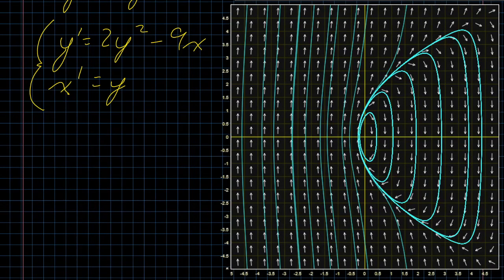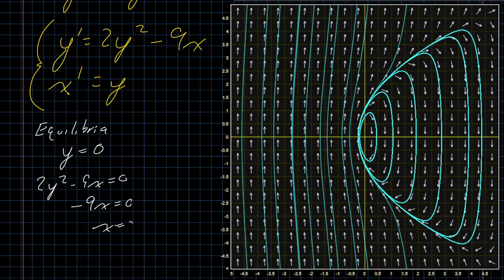Finding the equilibrium points on this particular system is incredibly easy because x prime equals y. So that means that y has to be equal to 0. And then that gives us that 2y squared minus 9x equals 0, which is negative 9x equals 0, and x equals 0.